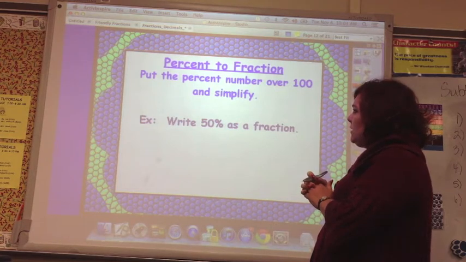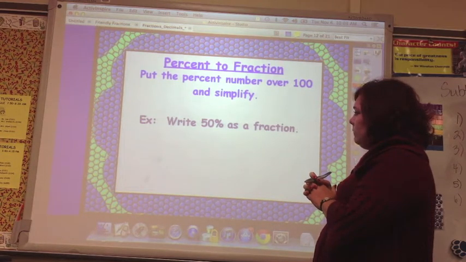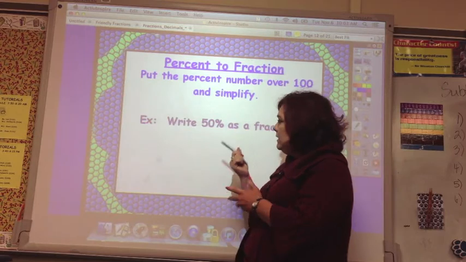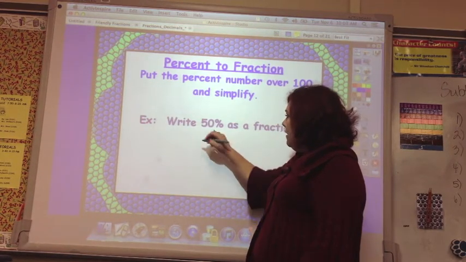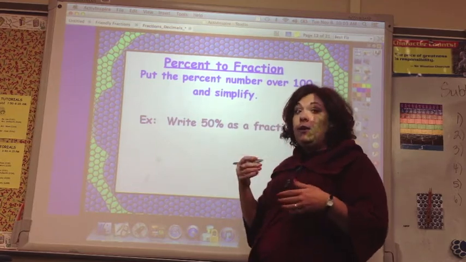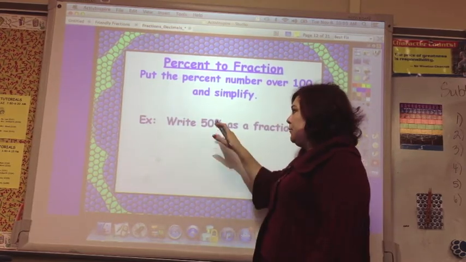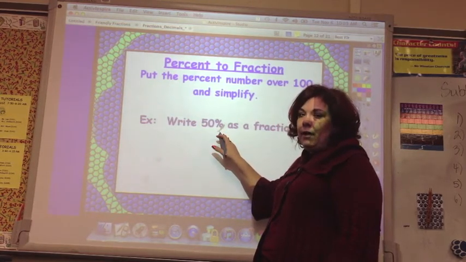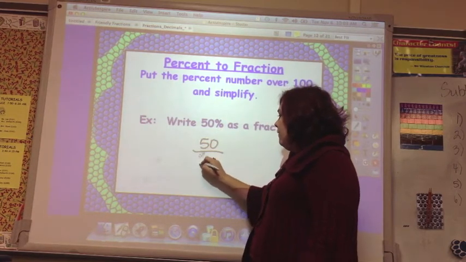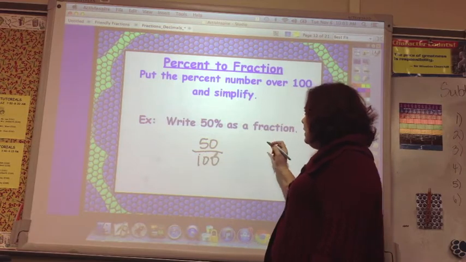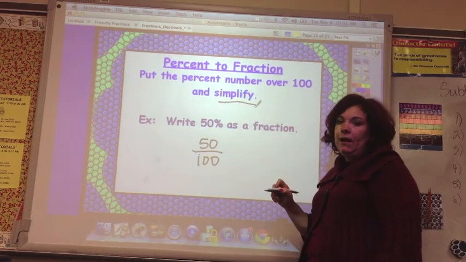So put the percent number over 100 and simplify. The example is write 50% as a fraction. Remember with the videos, with the models, I said percent is out of 100. So this is 50 out of 100. And then the next step is to simplify.